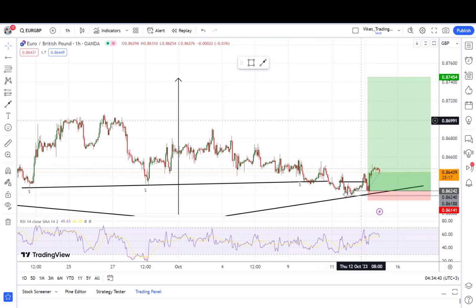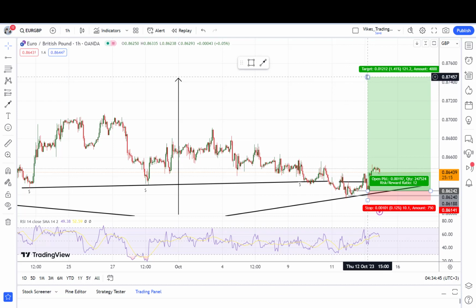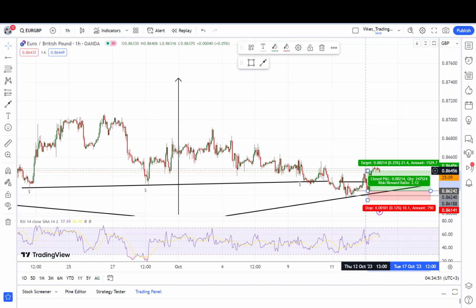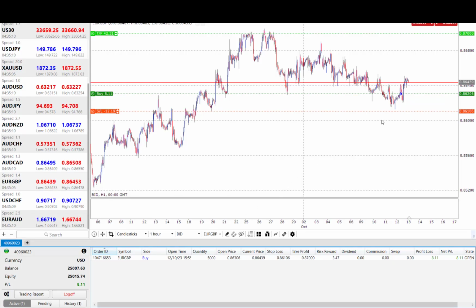So currently, for the person who executed the trade here, they're in right now at around 1:2 already. So for every $100 they risked, they should have made $200 at the very least, which would have been even good for a take profit one. So here's a demo account where I executed this trade.